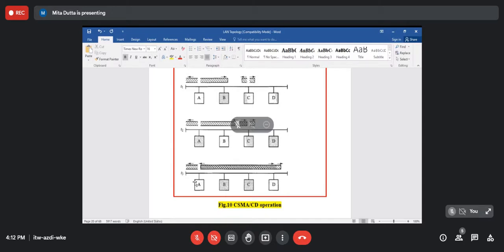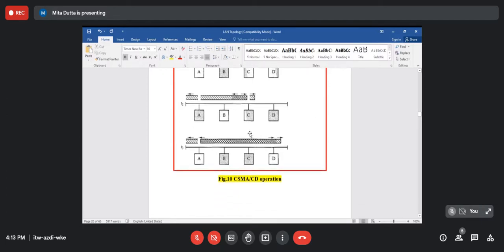Because every node connected in a bus topology has access to the medium, so that it can send its information to other stations, and the signal flow is bidirectional. That means if C sends information for D, and if it were unidirectional, then it would flow to D only, not along this direction. But since it is bidirectional in nature, it flows in both directions.